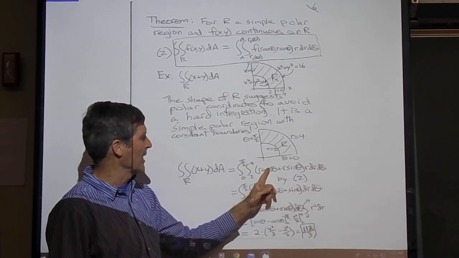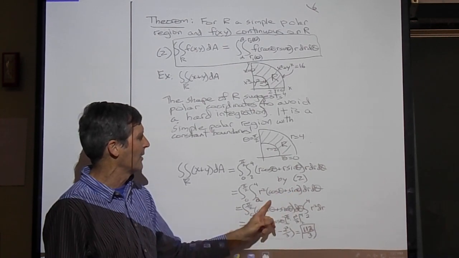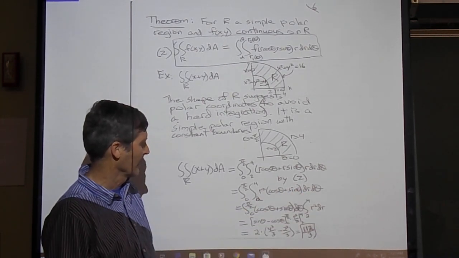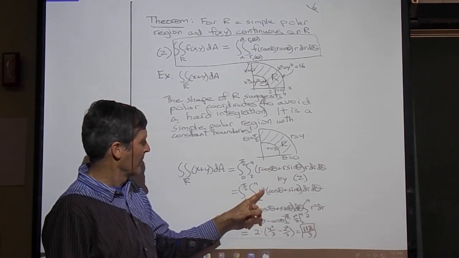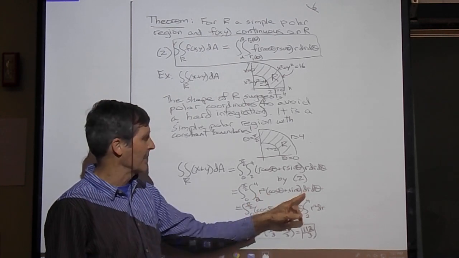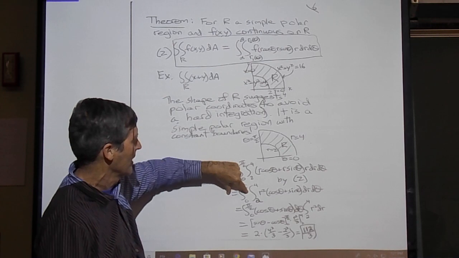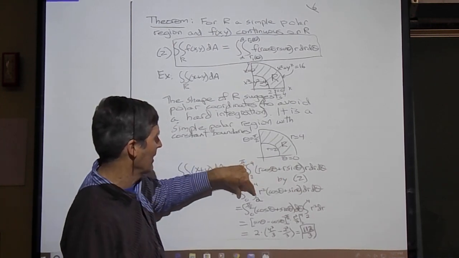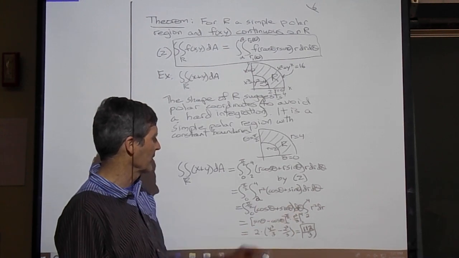Well, let's see, this times this is r squared times cosine theta plus sine theta, that's the integrand, dr d theta. And now I recognize that since cosine theta plus sine theta is treated as a constant in the inside integral and multiplies everything, I can pull it outside the integral because it's a constant, right? So I'm going to pull it outside here and integrate d theta over here.